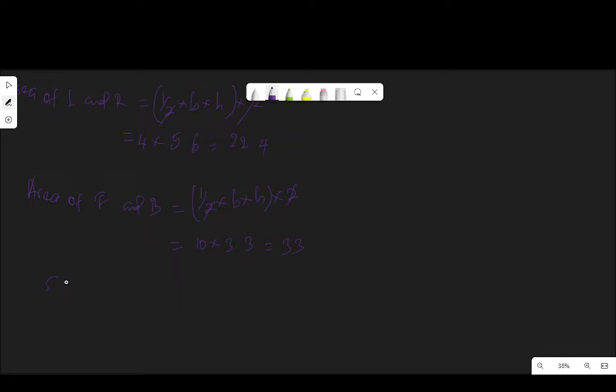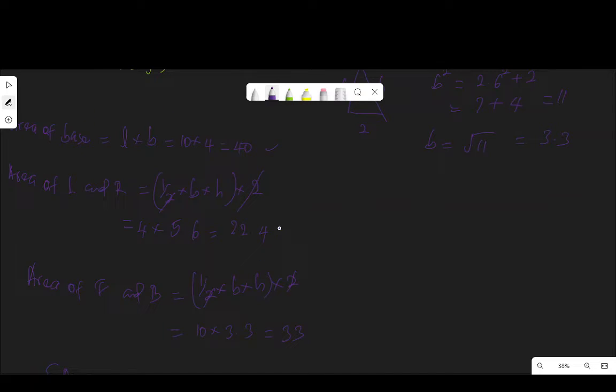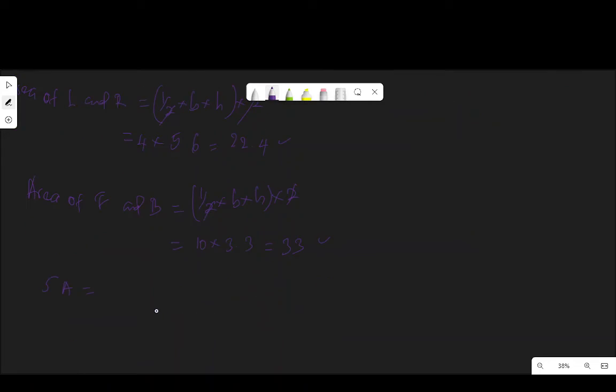Therefore, the surface area of the pyramid is the area of the base plus the area of right and left triangle plus the area of front and back triangle. The base is 40. I have 40 plus 22.4 plus 33. 40 plus 22.4 plus 33 is 95.4.